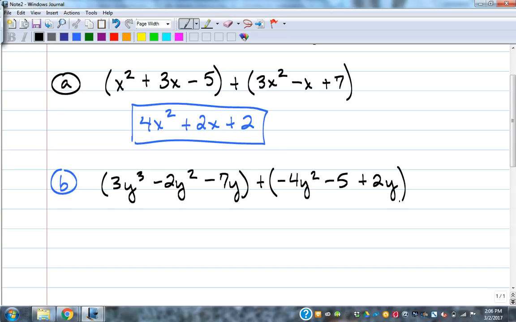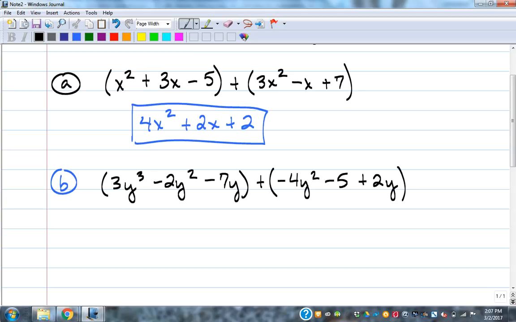And they tend to try to throw you a curveball and put them in a different order sometimes. We're used to everything being in descending order. They're not always going to be that way. We just want to write our answers that way. So let's try to put this one together. So if we're going to write the answers in descending order, we start with the biggest one, right?